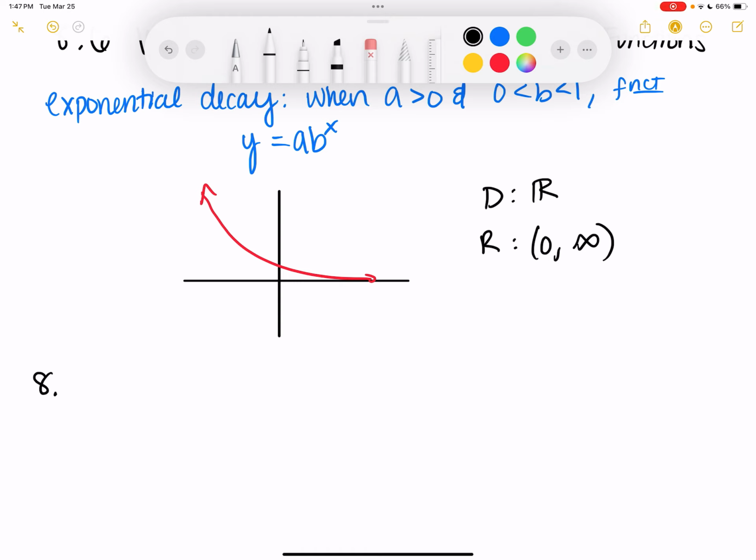So number 8, y equals 1/6 raised to the x. Notice these ones are fractions now, compared to yesterday. They were either a positive or negative number basically, that was bigger than 1. But b is between 0 and 1, meaning it's going to be a fraction or potentially a decimal.